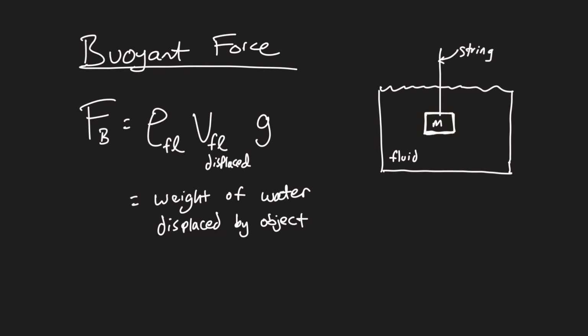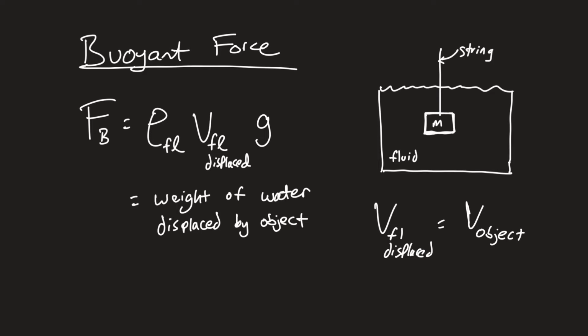So in this example, if we were analyzing this problem where you've got this mass on a string inside of this fluid, then the volume of the fluid that is displaced by the object would end up equaling the volume of the object. So we would say volume of fluid displaced equals volume of object. And you'll see how the subscripting of this becomes really important when we start solving problems.